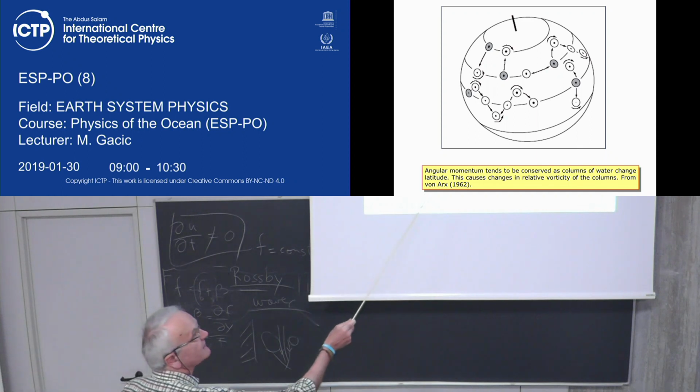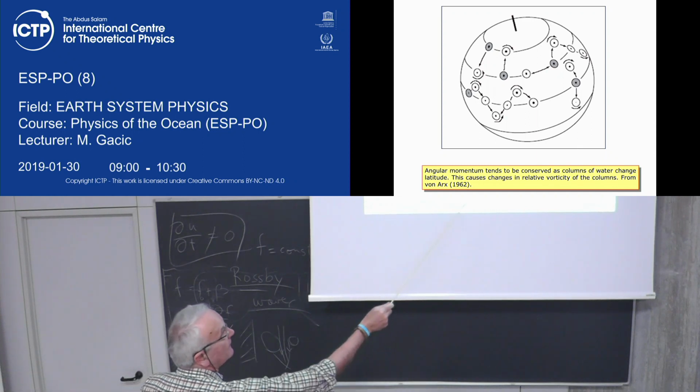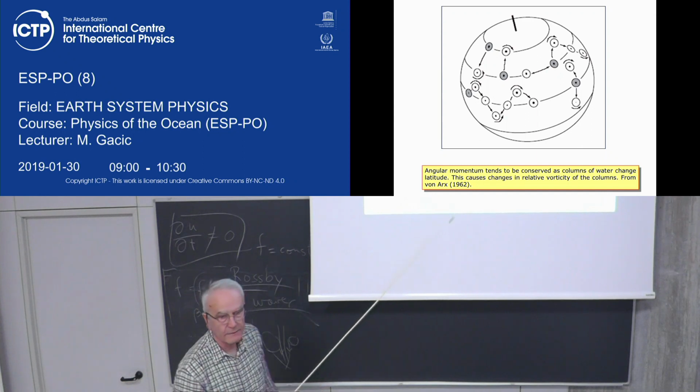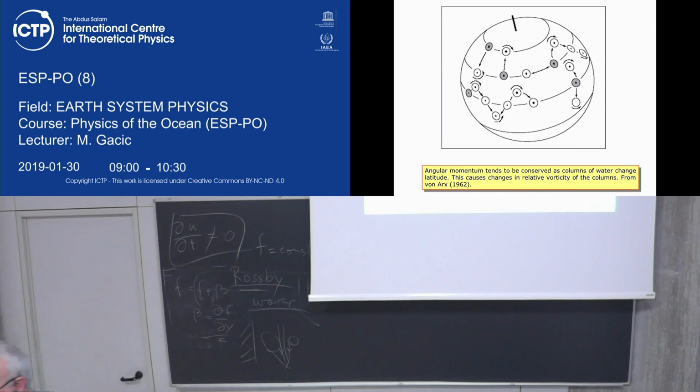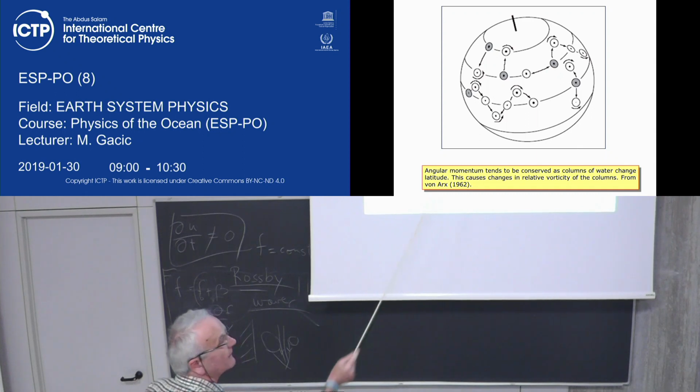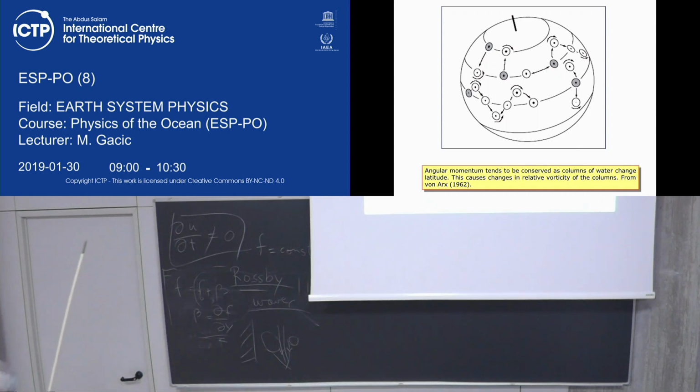If you have a particle staying here at a certain latitude, if this particle for some reason has been moved northward, its relative vorticity appears in an ambient vorticity where it has a vorticity smaller than the ambient vorticity, and so it has to move southward in order to go back.